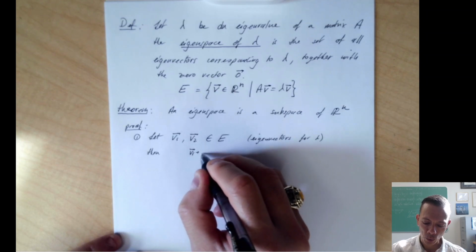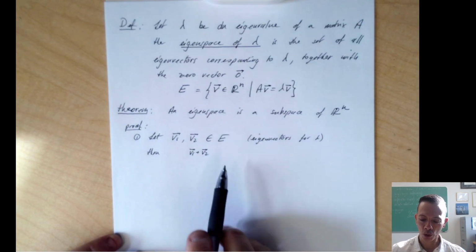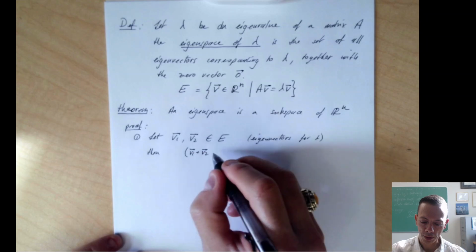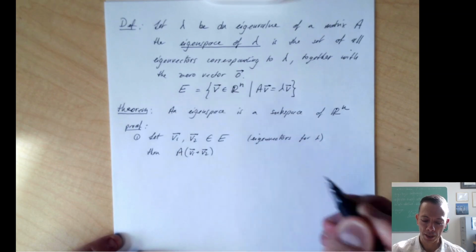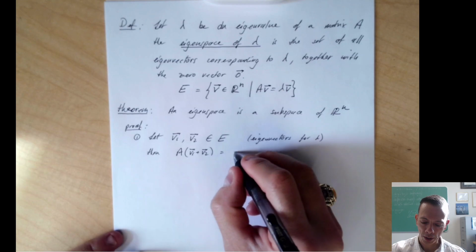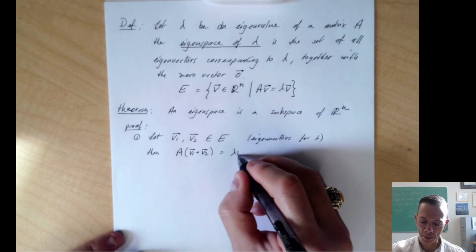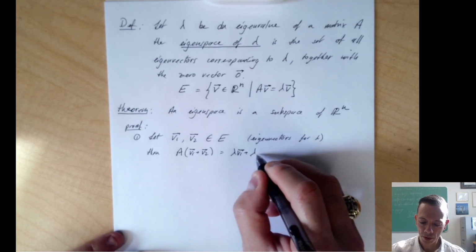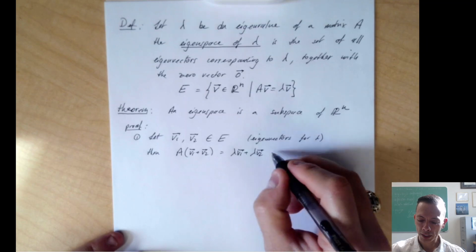And we want to prove that the sum v1 plus v2 is also itself in E, so that it's closed. So we're going to take v1 plus v2, and to show that it's in E, we are going to left multiply this by A, and invoke the property that v1 and v2 are eigenvectors of the same lambda. Factor out the lambda.